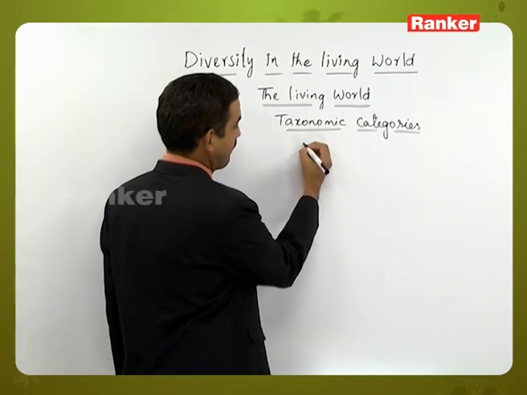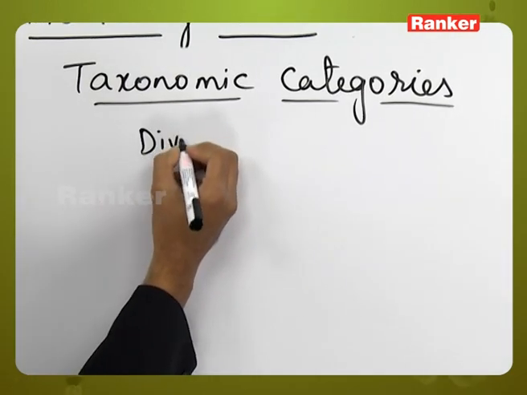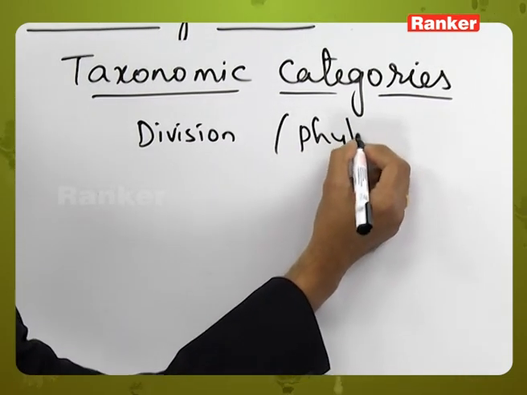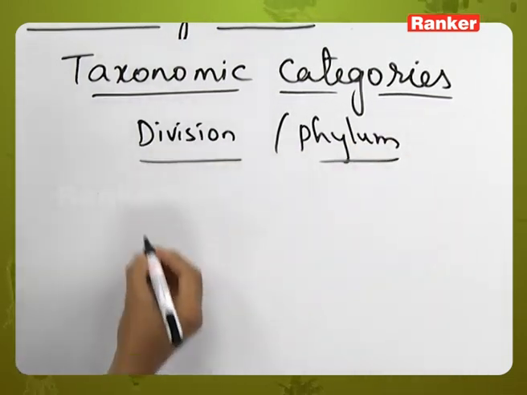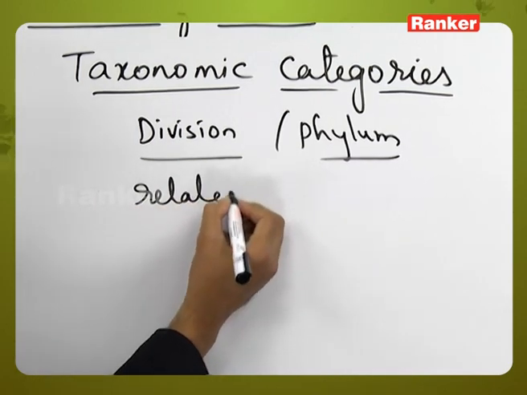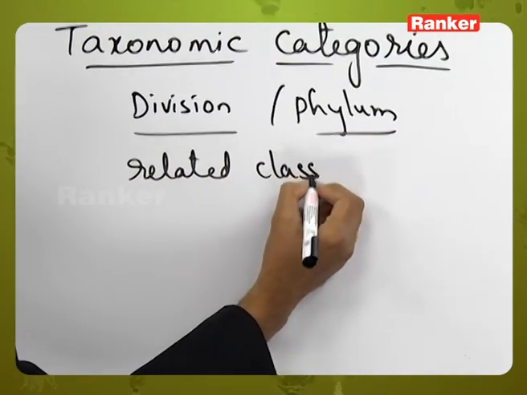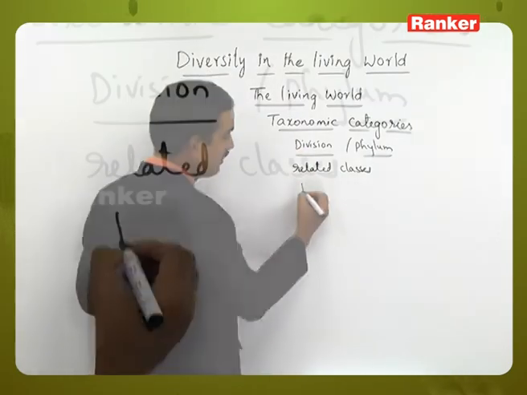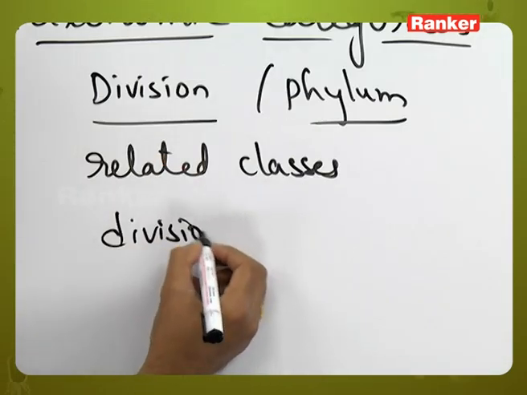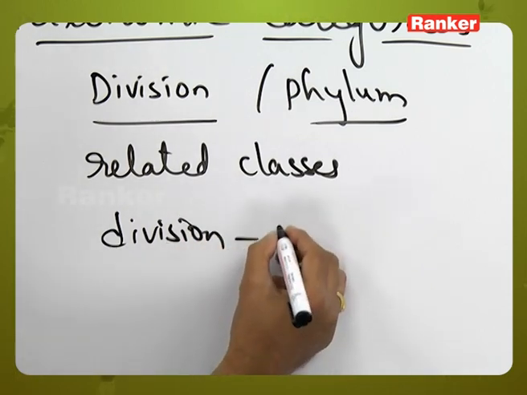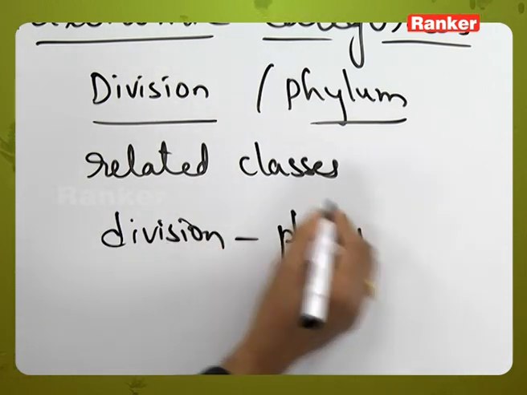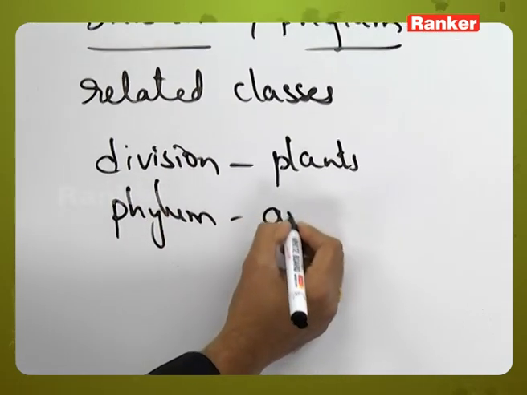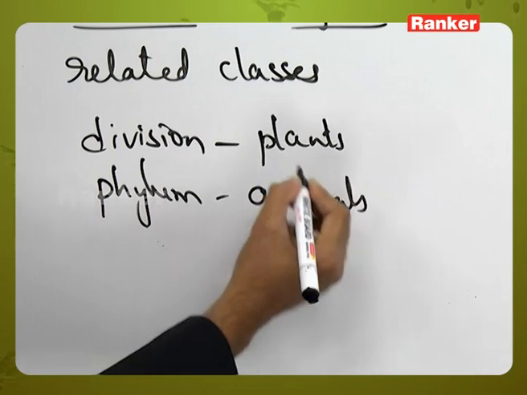Next one is the division or phylum. So the related classes are kept under one division. Division is used in terms of plants, while in place of division, phylum is used in the classification of animals.